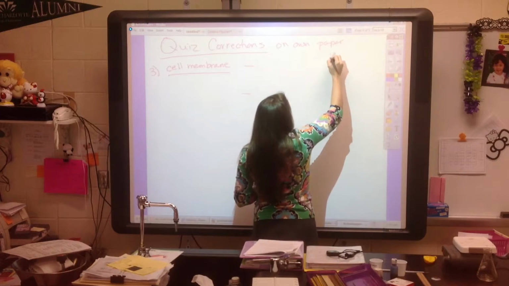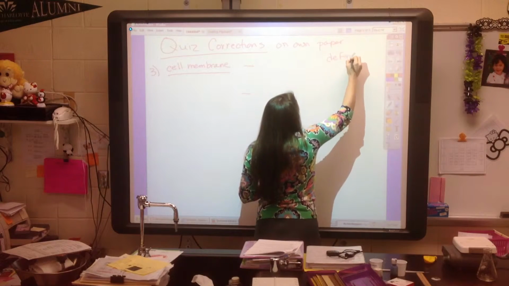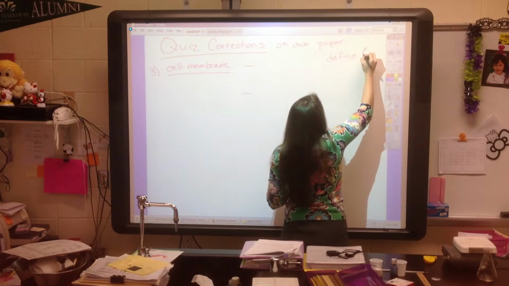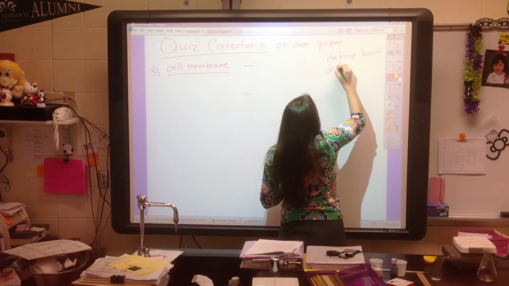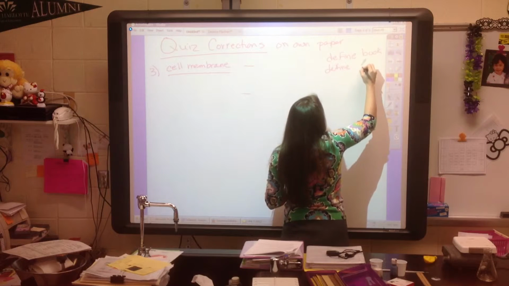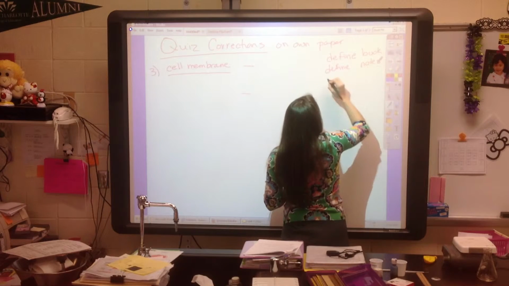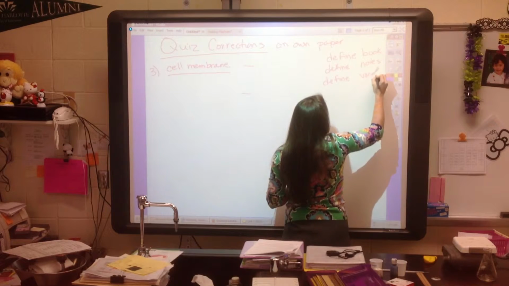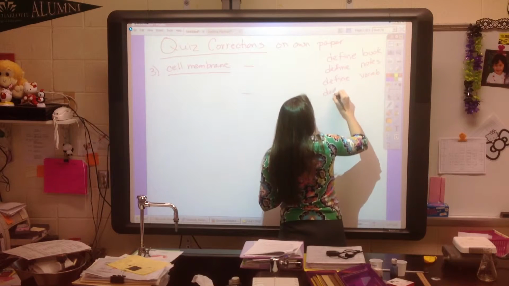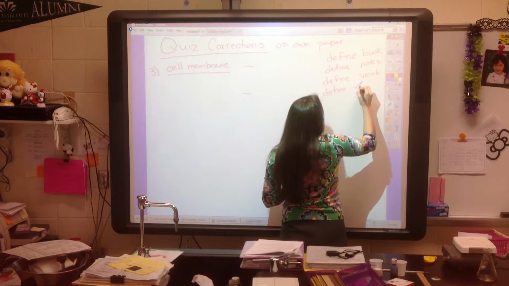You might write a definition, and that definition might be from the book. You might write a definition from your notes. You might write the definition from your vocab. You might write the definition in your own words.